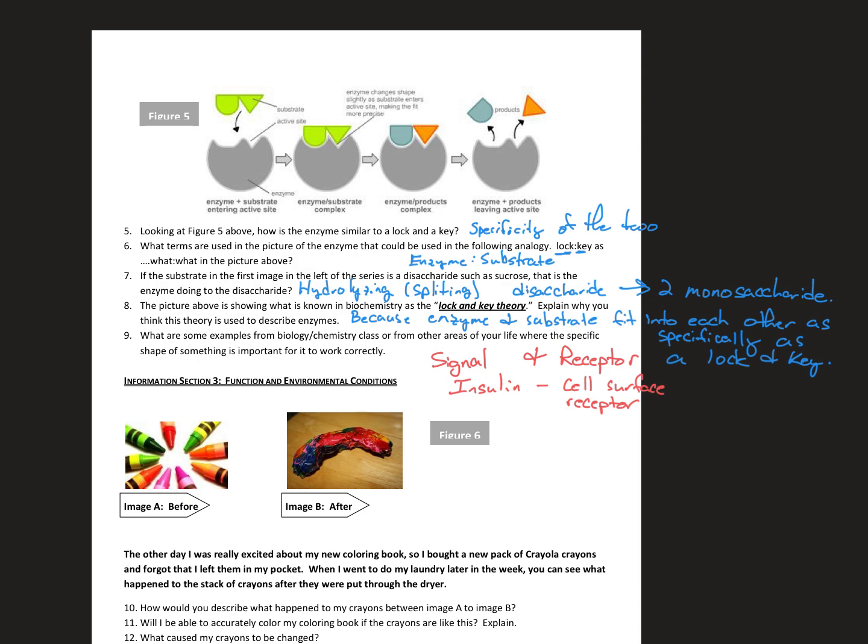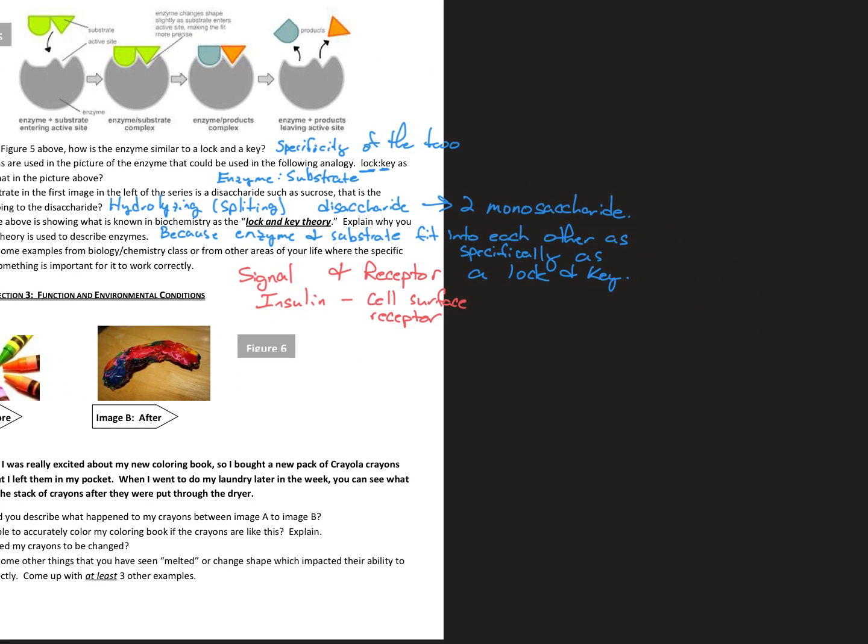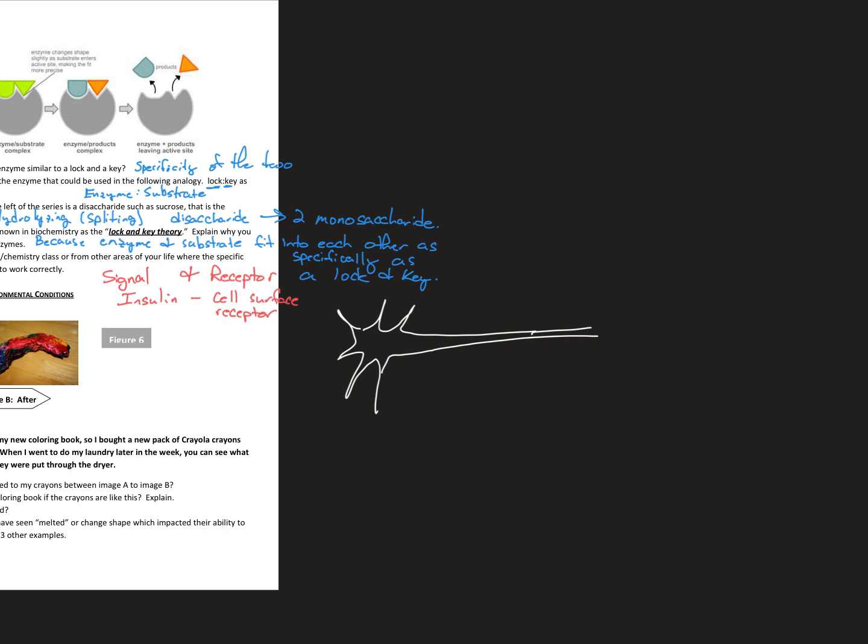Very specific. There's the example of neurotransmitters that I used earlier, where you have this neuron. It's a cell that transmits a signal to another neuron in order to let you think and move.